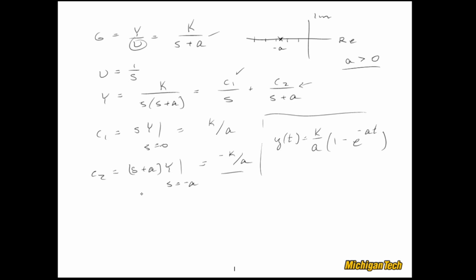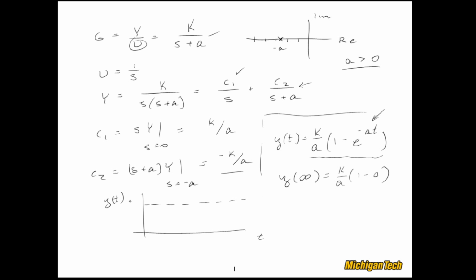And what else can I do? I could sketch it. Why not? So here's t, here's y of t. Here is this final value that it goes to. I can see that it's going to be some final value because when I let t go to infinity here, 1 minus this term goes to 0.